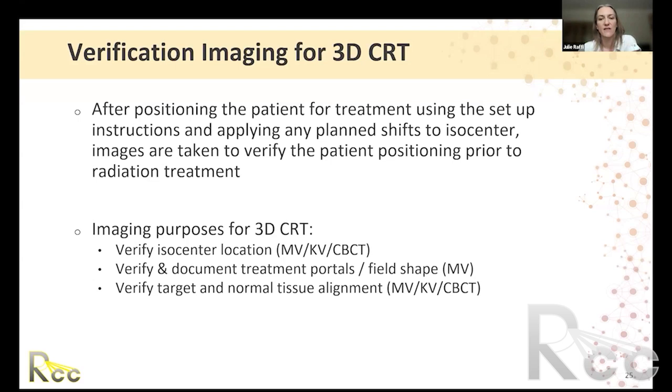We can achieve this with MV, kV, and cone beam imaging. Those are all options for verifying target and normal tissue alignment, depending on what you're treating. We don't need to use all of these techniques for each of the treatment sites. I'm saying that they could be accomplished with these different techniques depending on your treatment site.